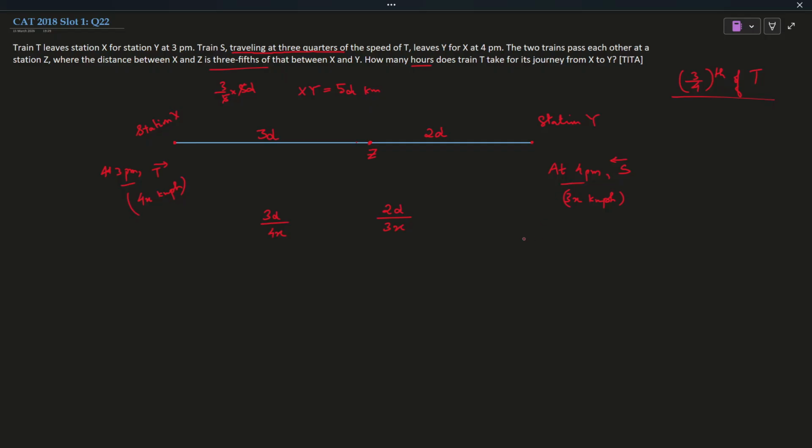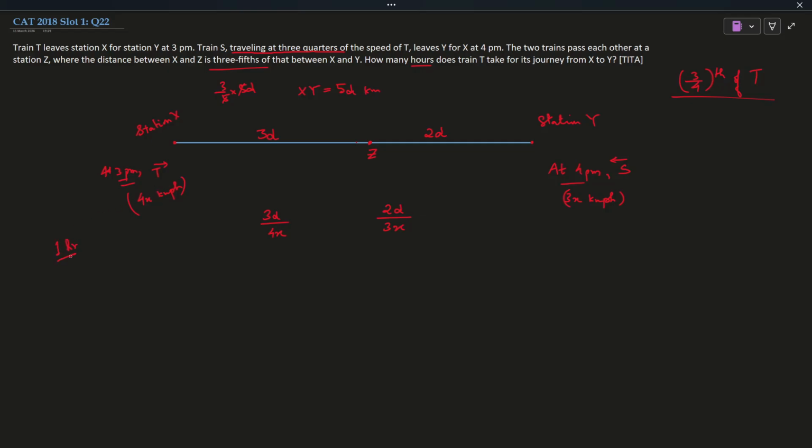But guys, please be careful here when you are equating these two, because they are meeting at Z. When you are trying to equate the times, please be mindful that the first train left at 3 p.m. That means that train has an advantage of 1 hour.